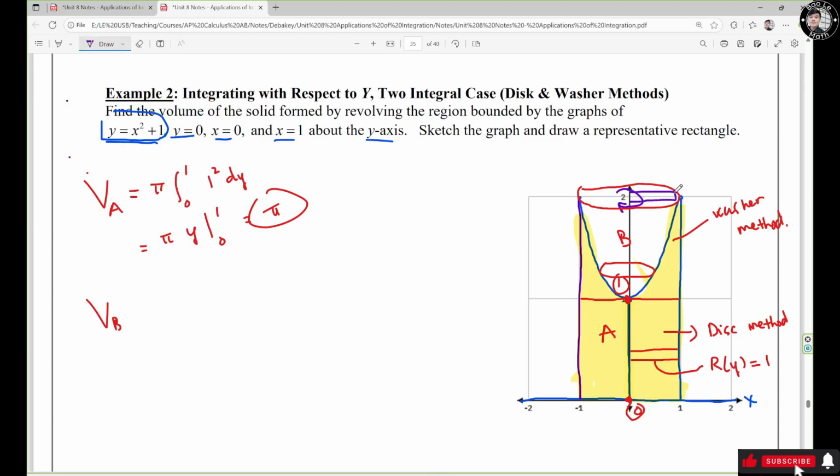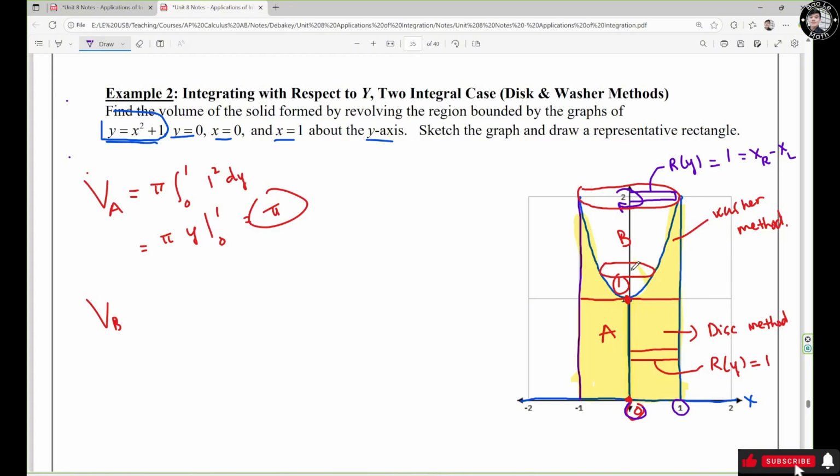This one is the bigger radius, so this one is called capital R of y. Capital R of y equals 1, because it's going to be x right subtract x left. x right is 1, x left is 0 right here. That's why you get 1.